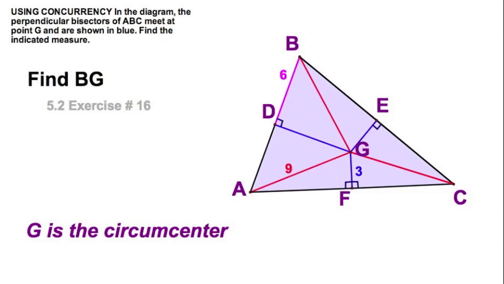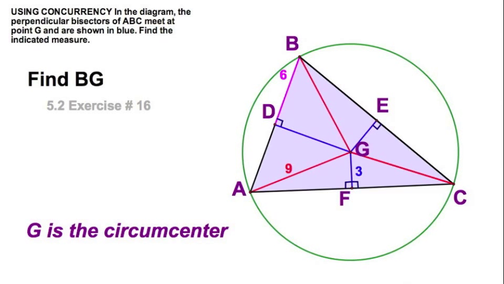Remember what that means: the center of the circle passing through these three vertices. Well, that means all these must be the same. And after all, that's what this other definition says: point G, the circumcenter, is equidistant from the three vertices of the triangle. After all, they're all radii of the same circle, and of course then BG must be 9.